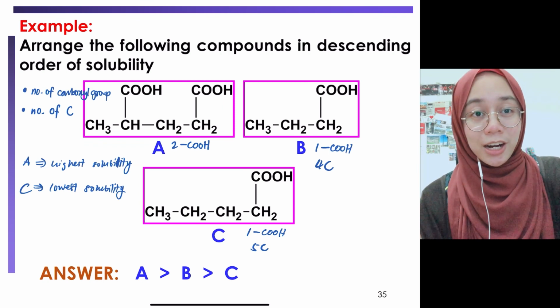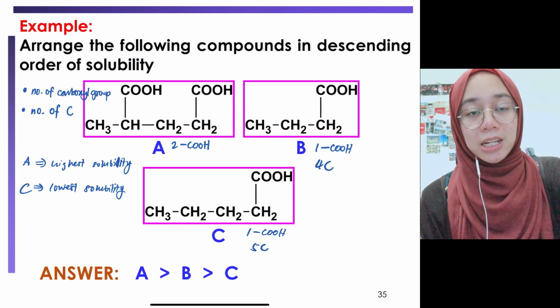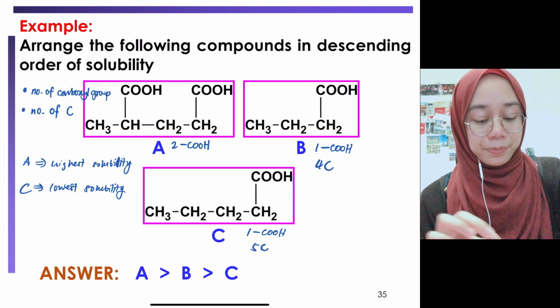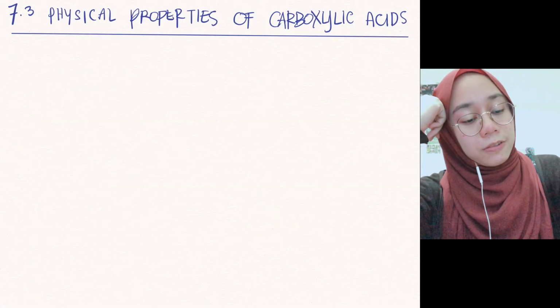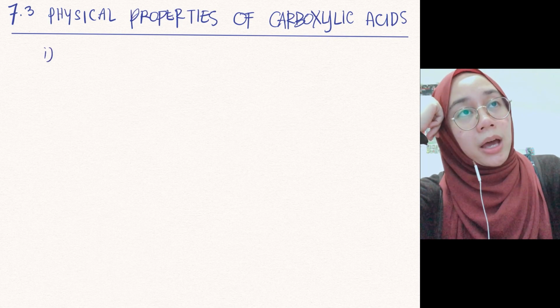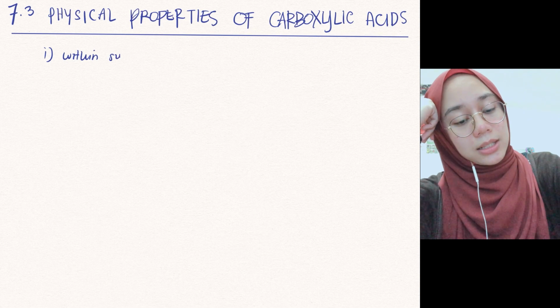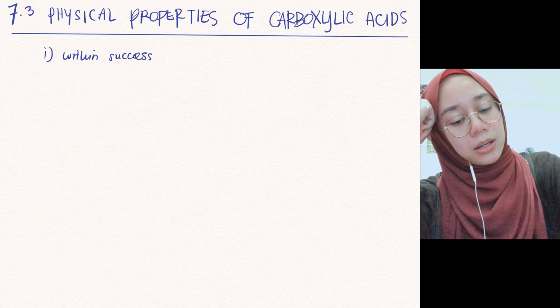Okay, so now let's just summarize the physical properties of carboxylic acid that we have learned just now. Okay, so the first one adalah kita compare within successive members kan. So within successive members, ini adalah untuk boiling point.